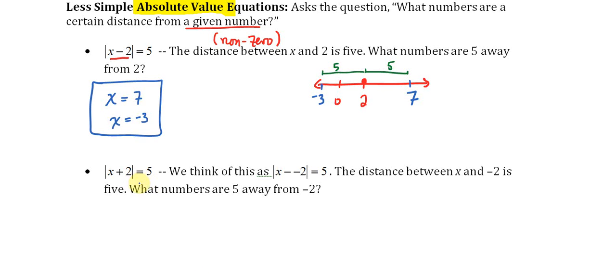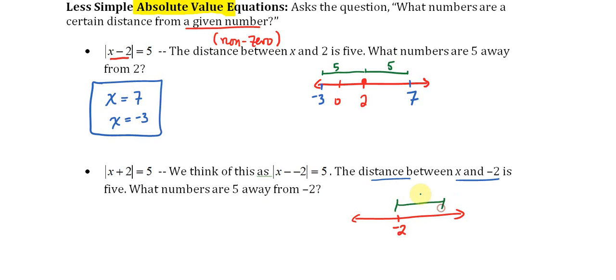We can transform or morph this expression into something that looks like the expression above. This is x minus -2. So we can say that the distance between x and -2 is 5. If we were to draw our number line, we would draw it with -2 here somewhere, and x is 5 units away from -2.